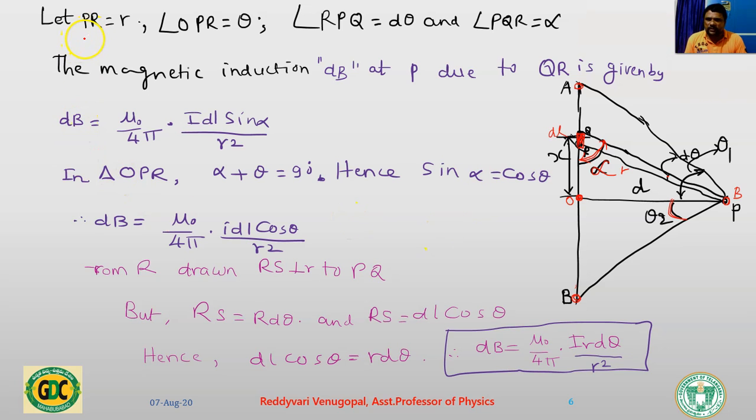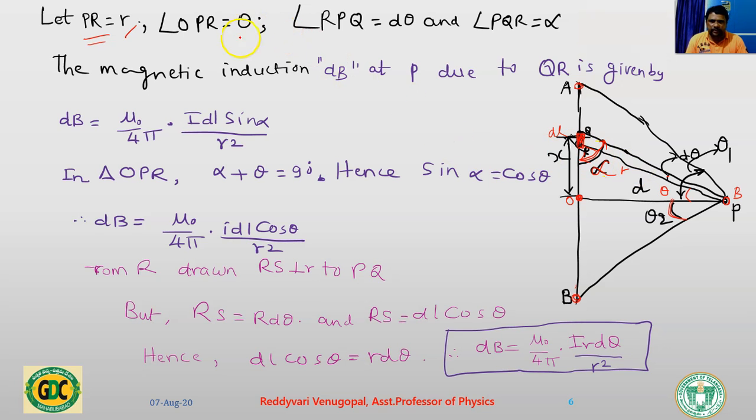Let PR be equal to r. This distance PR we are calling r, and the angle OPR, that is triangle OPR, this angle we are calling theta.